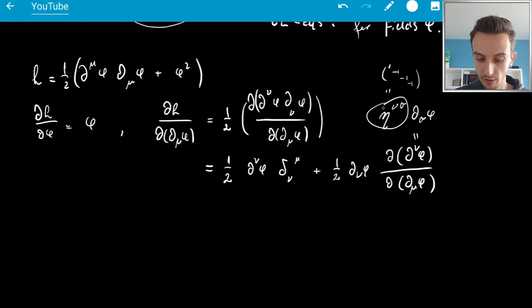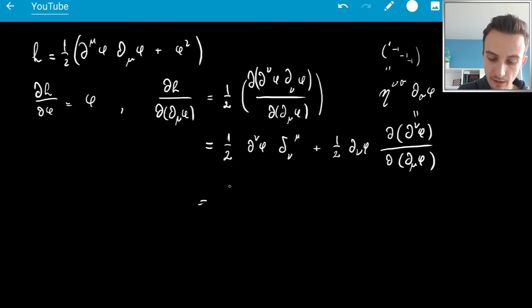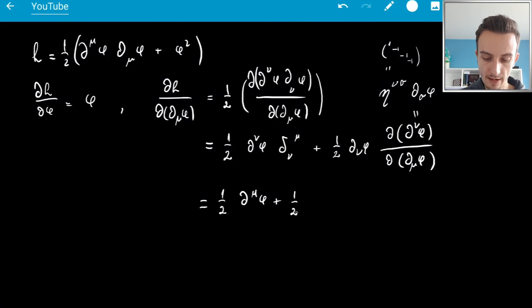Obviously it doesn't get hit by the derivative because it's just full of constants. And then this and this cancel if sigma is mu. So it's one half. I'm going to apply the delta function here. So it's d mu phi. And then plus one half, so we have d nu phi, eta nu sigma, and then delta mu sigma.